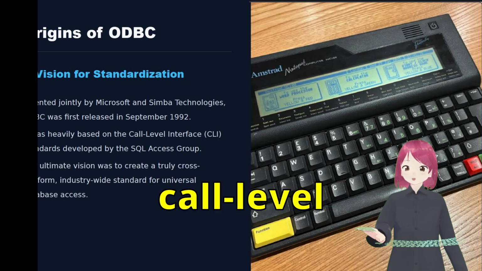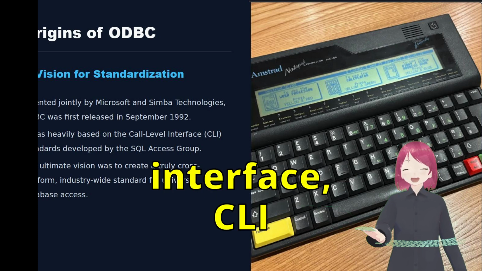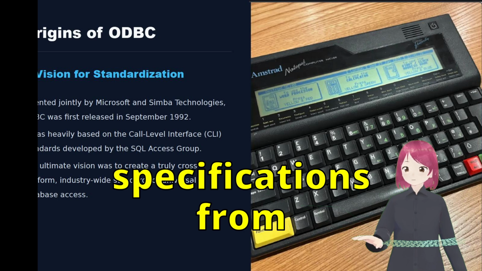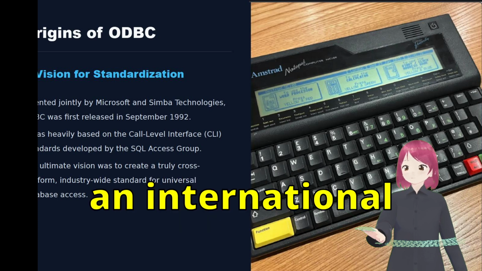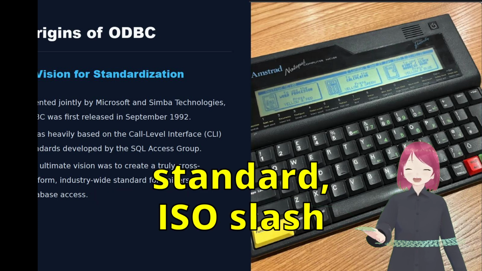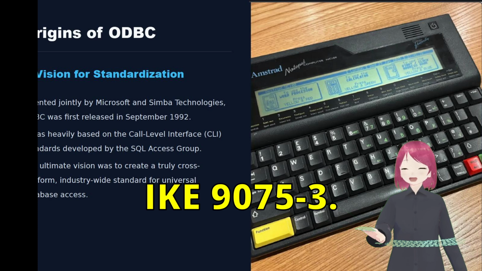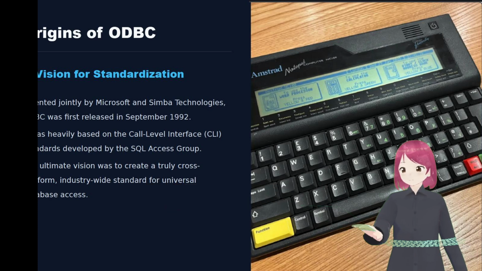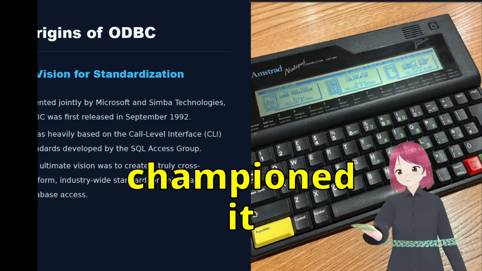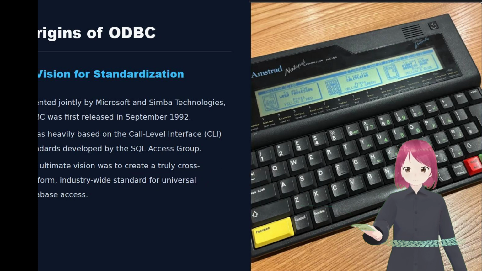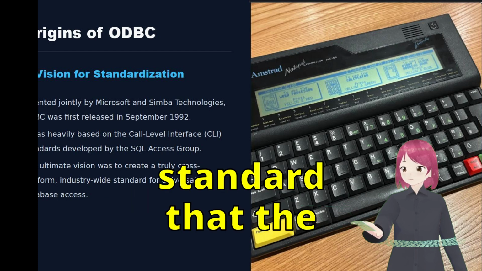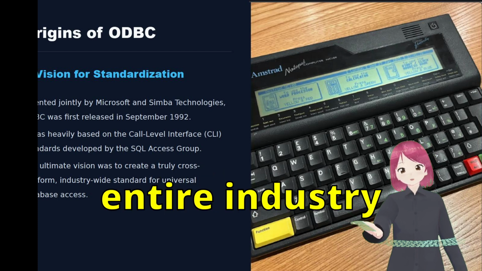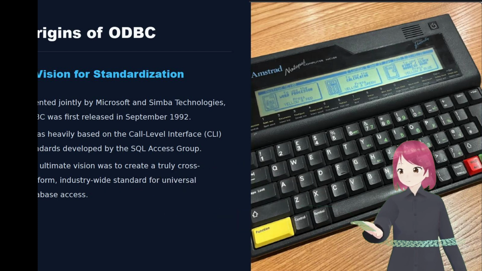It was based on the call-level interface, CLI specifications from the SQL Access Group, which later became an international standard, ISO/IEC 9075-3. While Microsoft championed it for Windows, the goal was always to create a cross-platform standard that the entire industry could lean on.